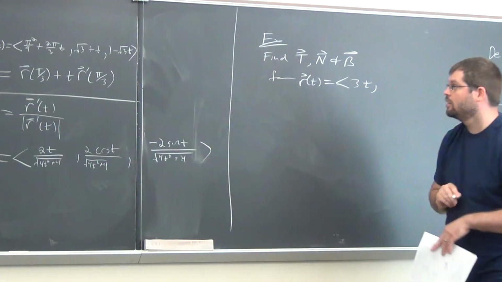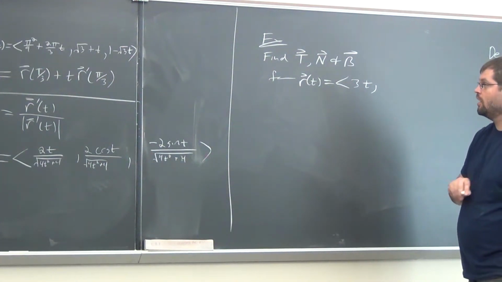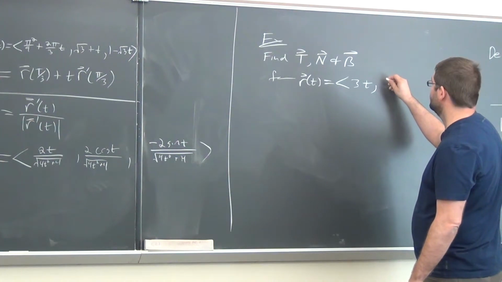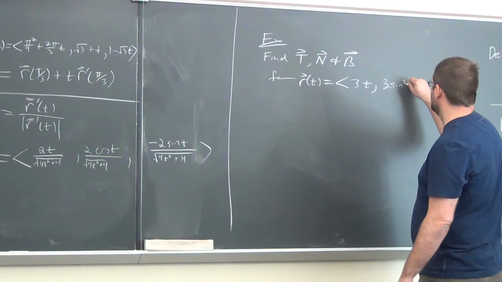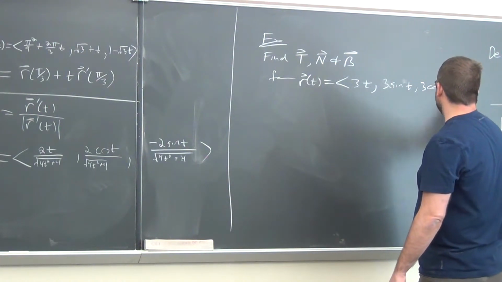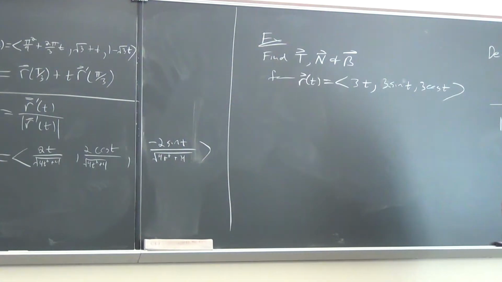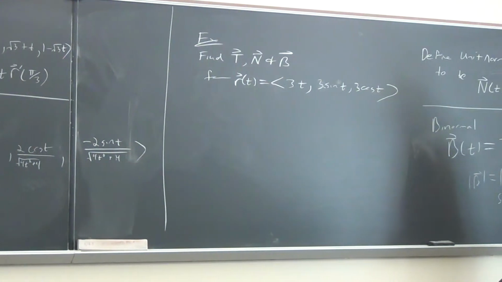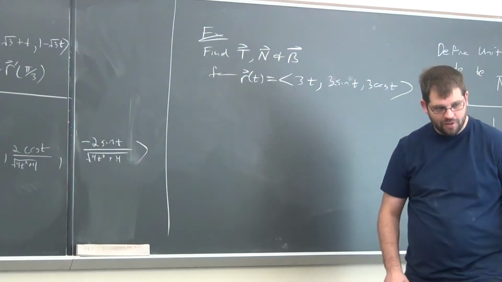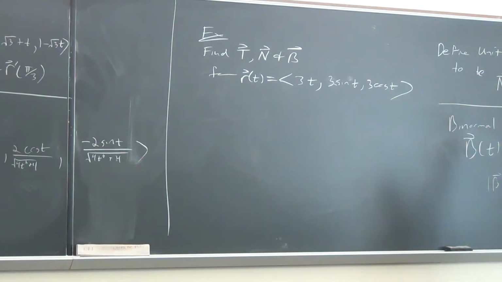We'll just make it 3t, and then we'll just do 3 sine of t, 3 cosine. Okay. So try to calculate the T like we just did. Once you have that, take its derivative, and then you should be able to calculate N and calculate the B from there.